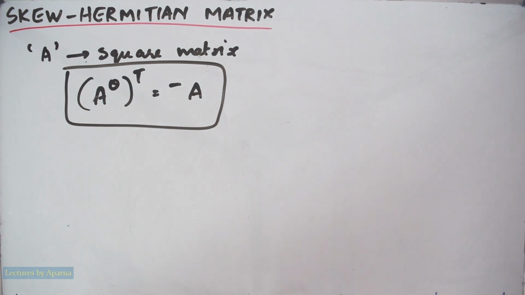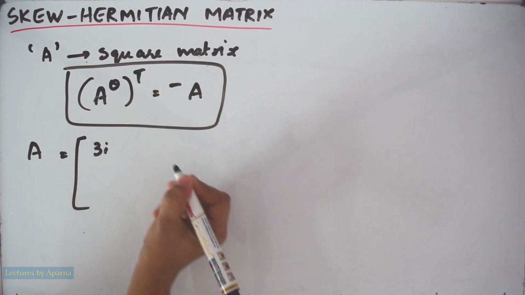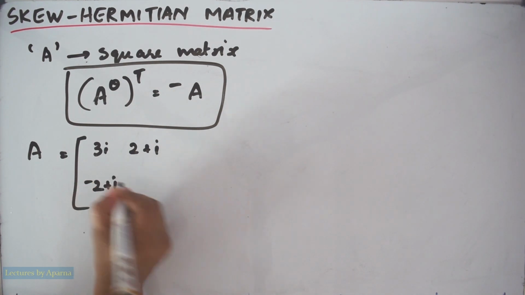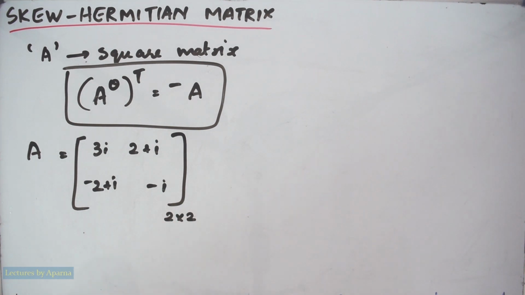So let's take an example. Let matrix A be equal to [3i, 2 plus i; minus 2 plus i, minus i]. So this is a 2 by 2 matrix.